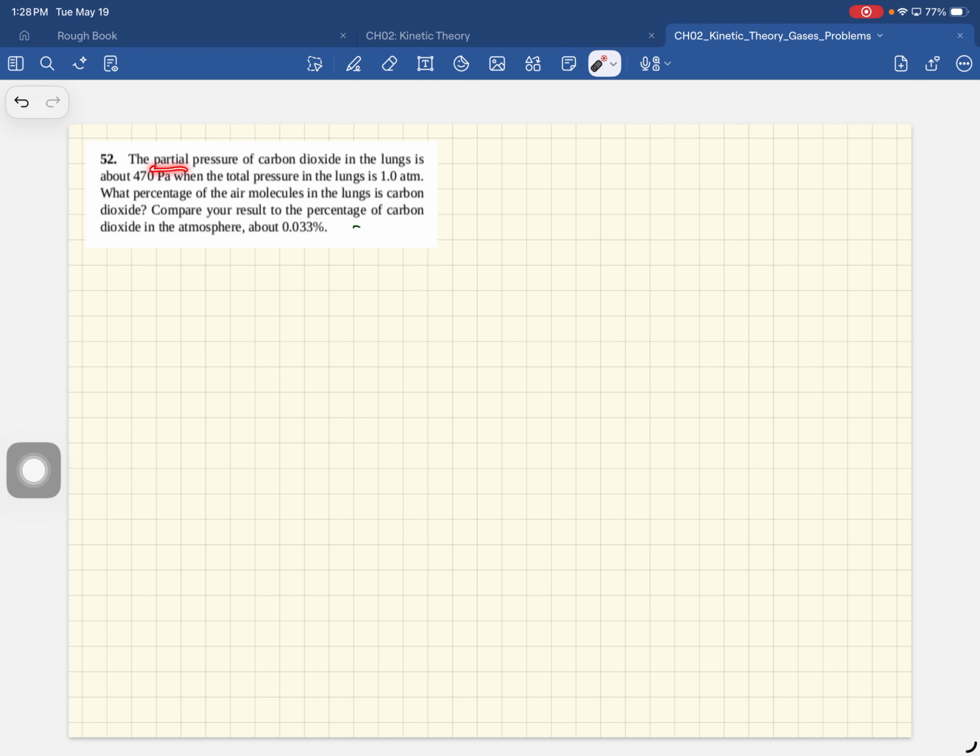The difference in temperature in Kelvin and Celsius is the same; you're just adding 273 to both.